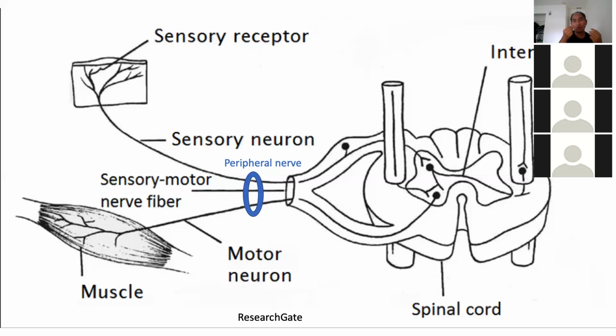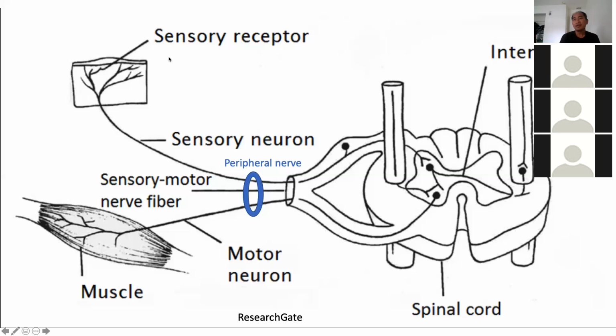For example, our olfactory nerve. The olfactory nerve starts from the nasal epithelium, with olfactory receptors that sense the chemicals coming into the nose and nasal cavity, and that triggers the stimulus.